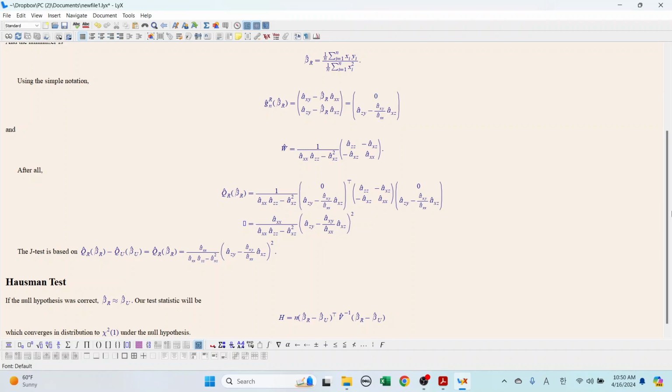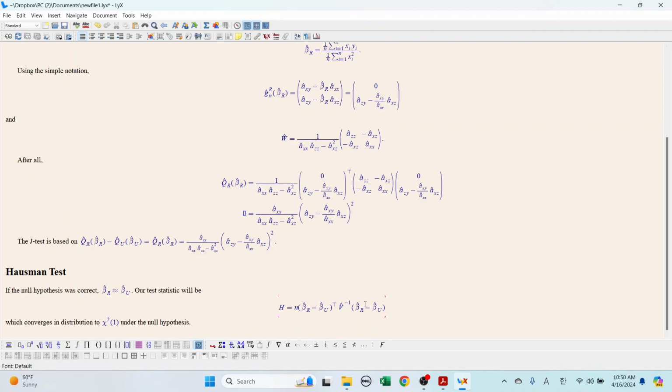But again, the main problem is calculating the asymptotic variance.